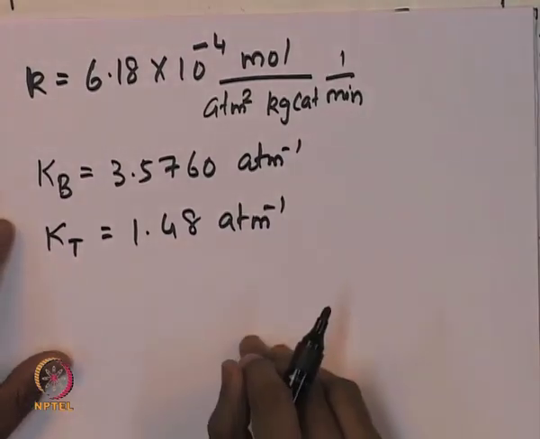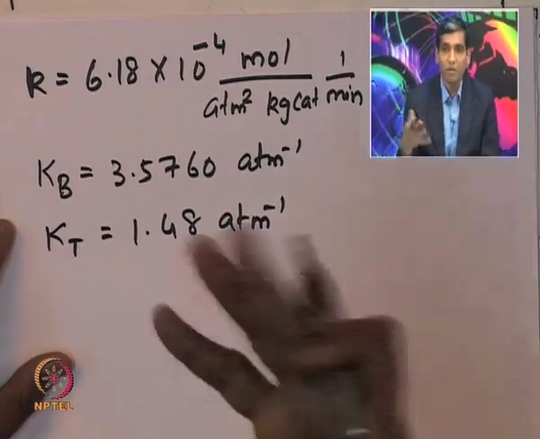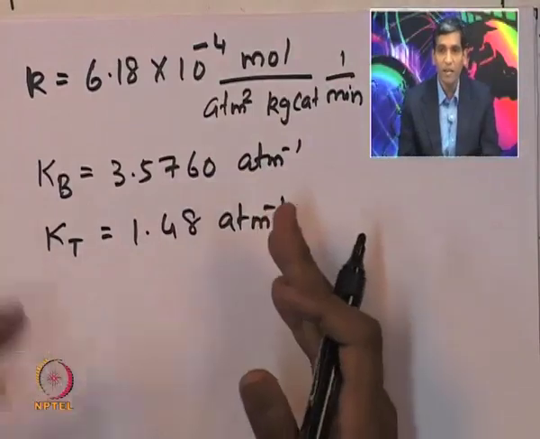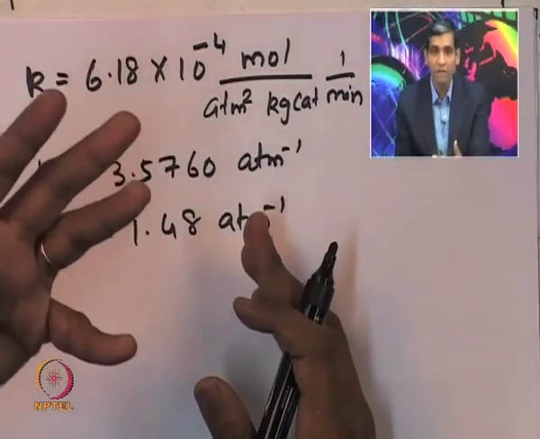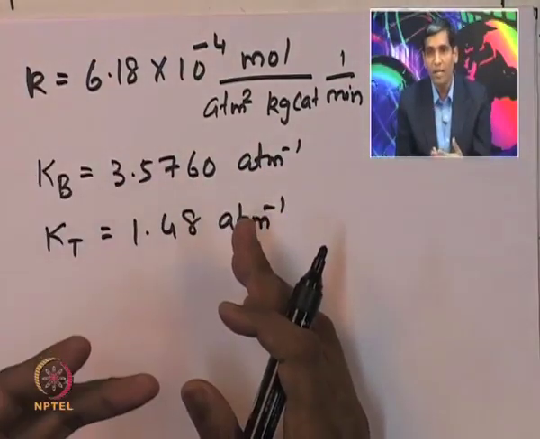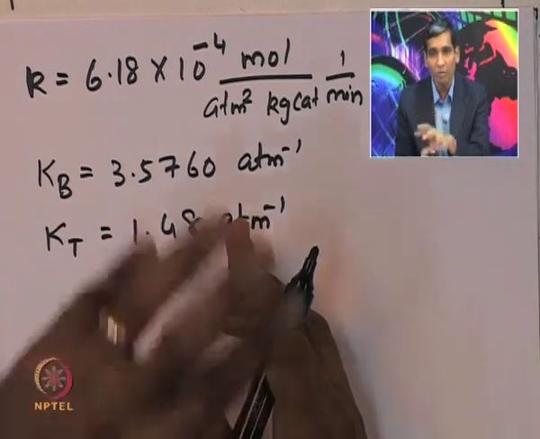These are the constants that have been estimated from the experimental data using the rate law mechanism that we have just found, by performing a linear regression analysis on the experimental data.